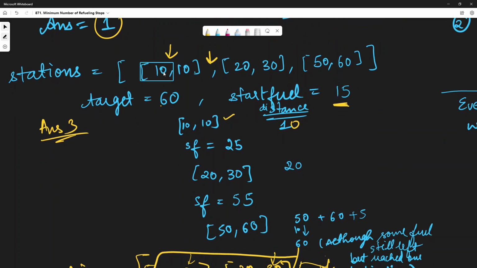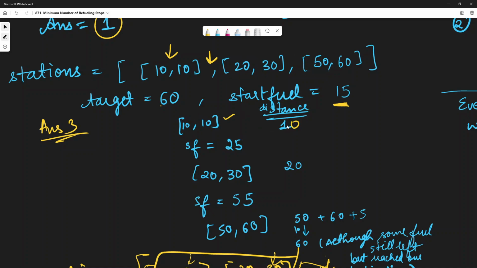And then in this particular example, our target is 60, starting fuel is 15. So if we try to choose this 20, we can't. Then we are obliged to choose this particular 10, right? And then choosing this 10, we would be having this 10 in our fuel. Then we would be obliged to reach this 20, because till now we would be having fuel which is less than 50, like this 10, 10.